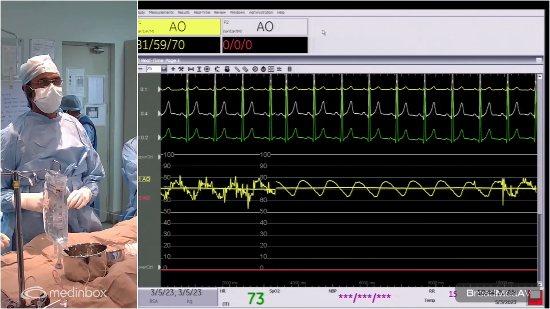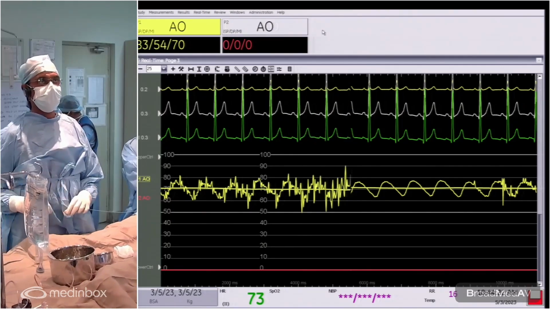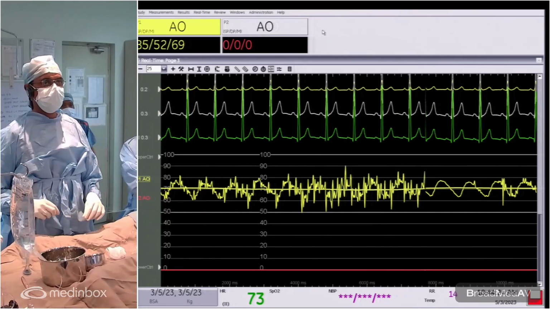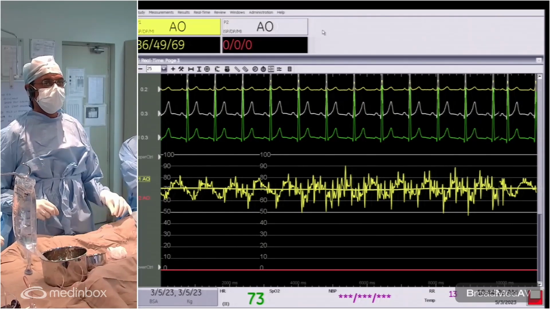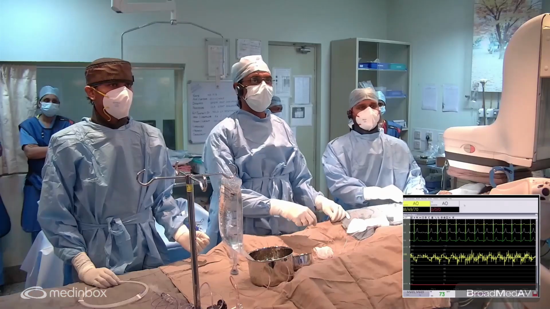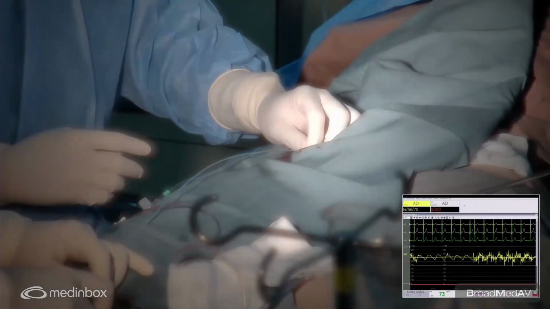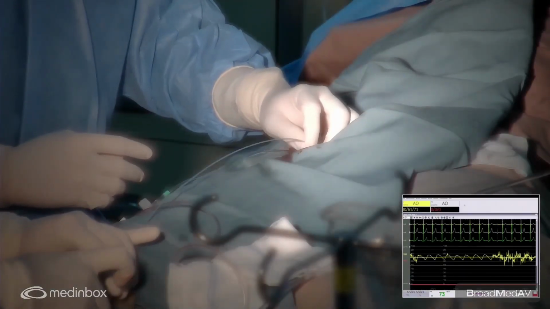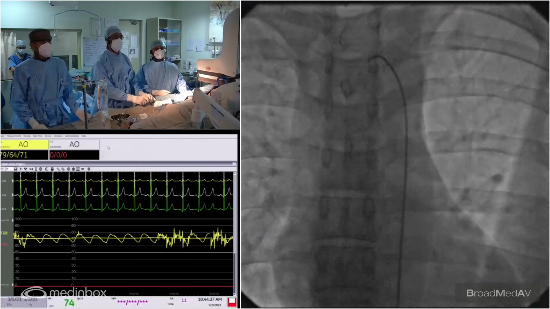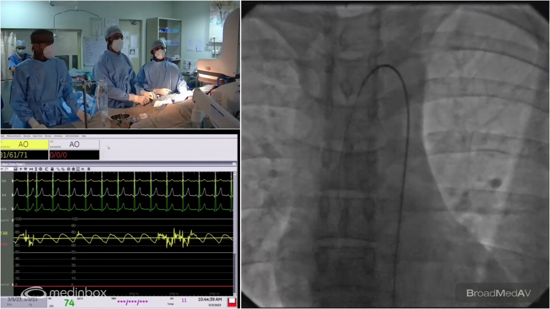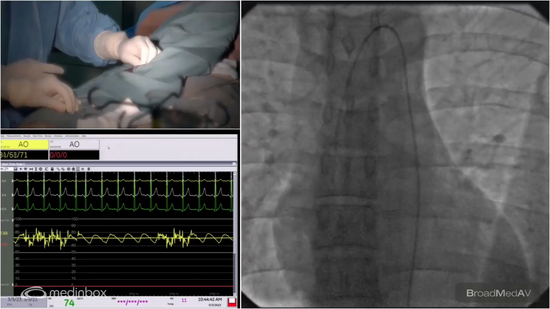So now the guide wire has crossed the coarctation segment. So let's go up. Yes. Now let us try to move the. Okay, go inside. So we are entering into the innominate artery. Now we are going into the ascending aorta.